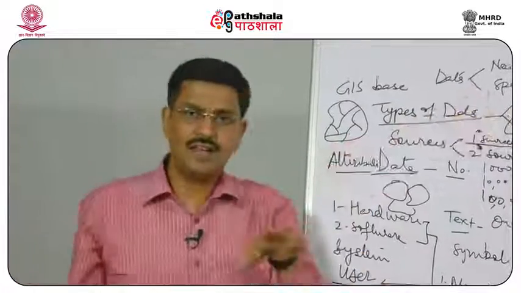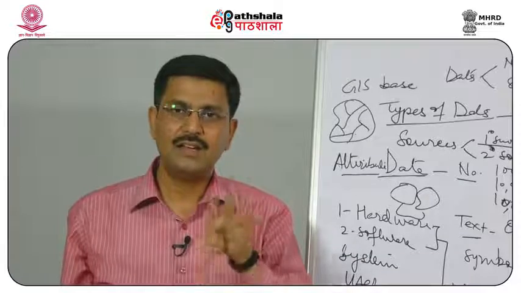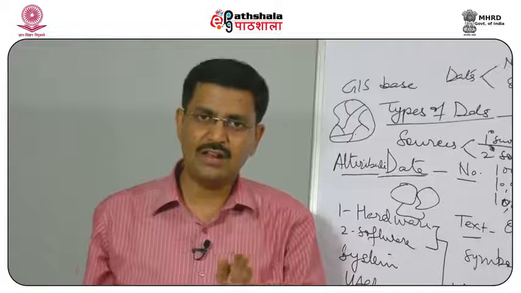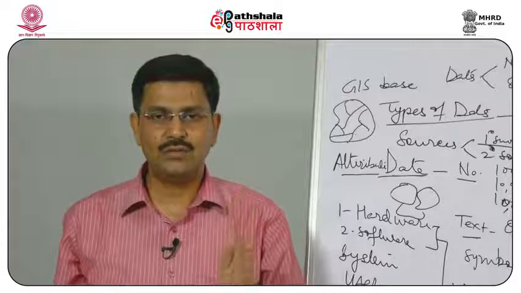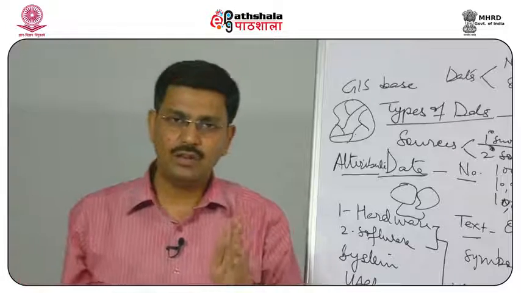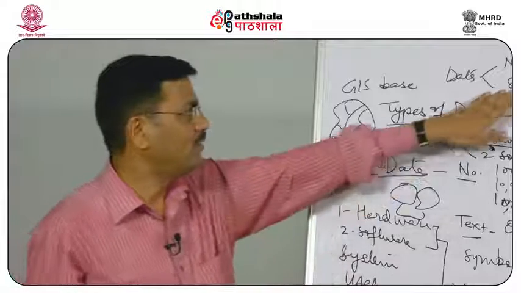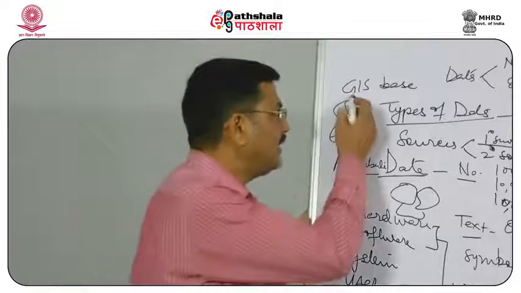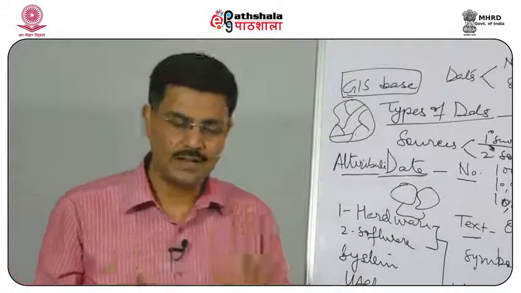Now, spatial data, as I mentioned before, is data in the form of paper maps, such as topo sheets surveyed and made by the Survey of India at different scales: 1:25,000, 1:50,000, 1:250,000, even 1:million. All these are classified as spatial databases, and that data can be used to create a database for a particular part of the surface of the earth.